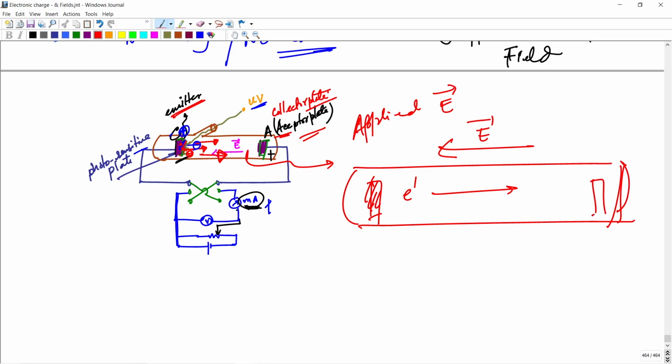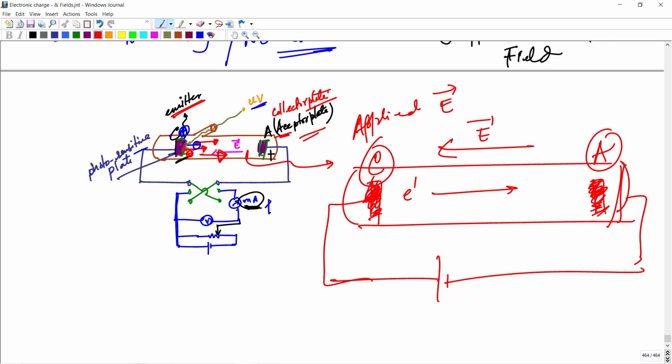There is the emitter plate, or C plate, and this is called the acceptor plate. Electrons are emitted from the emitter plate and move towards the acceptor plate A when we apply an electric field like that, and we get some current here.